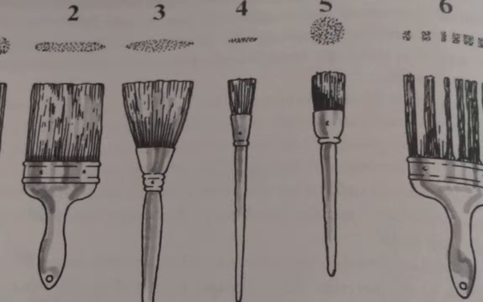And that number 5 brush, that stencil brush, is great for when you're tapping through a stencil, when you just want to lay in a color without brushing, as that will mess up the technique underneath it or get underneath that stencil.